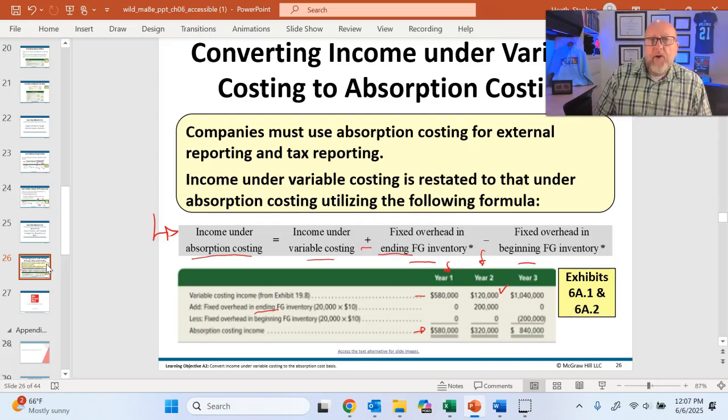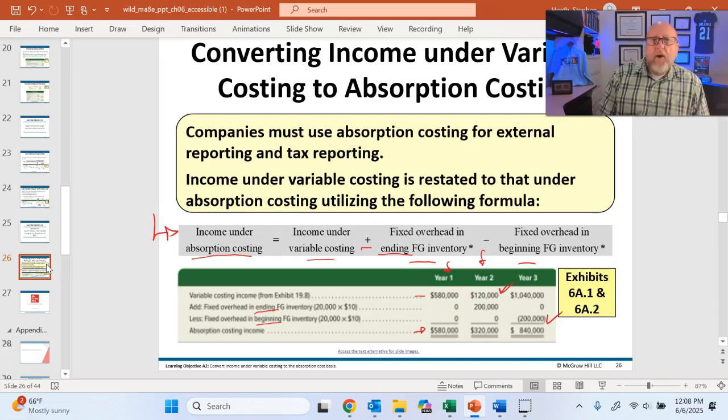And then I have no beginning inventory, and therefore, I subtract 0. And therefore, if I have 120,000 in variable costing, and then I add the ending finished goods fixed overhead, 200,000, then I'm ending with absorption costing. I'm not going to go through it, but it's the same thing going the other direction.